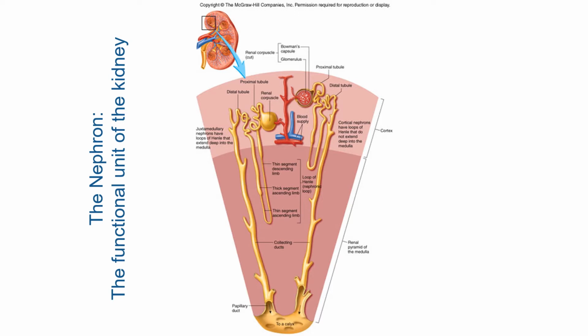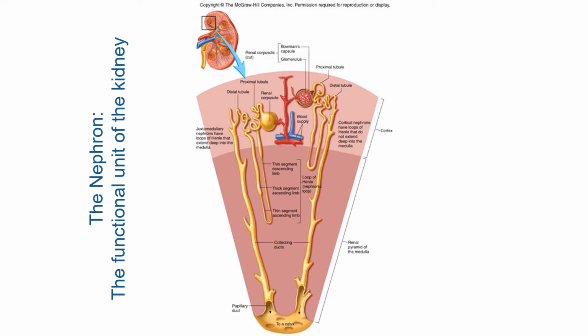It has the thin segment of the descending limb, and then the thin segment of the ascending limb, and then the thick segment of the ascending limb. The distal convoluted tubules empty into a collecting duct, and then the juxtaglomerular or juxtamedullary nephrons.